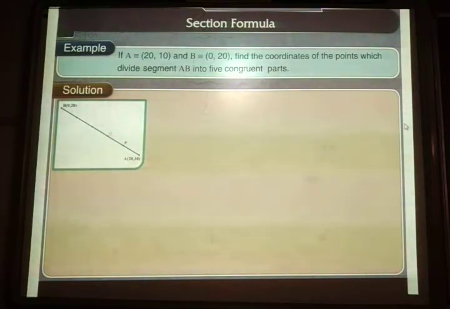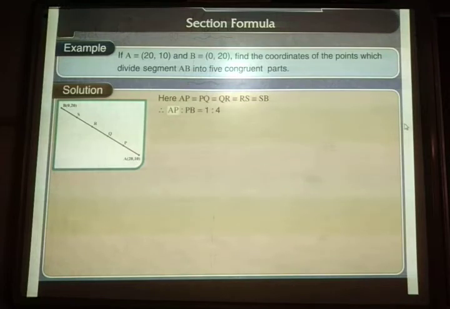Let P, Q, R and S be the points of division dividing segment AB into 5 equal parts. Here, AP is congruent to PQ, is congruent to QR, is congruent to RS, is congruent to SB.